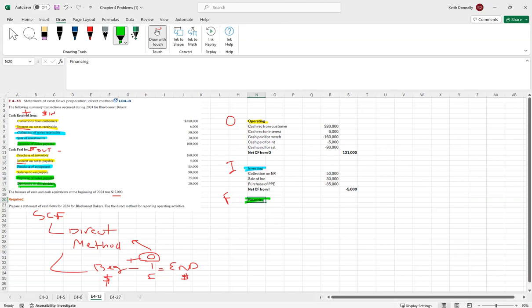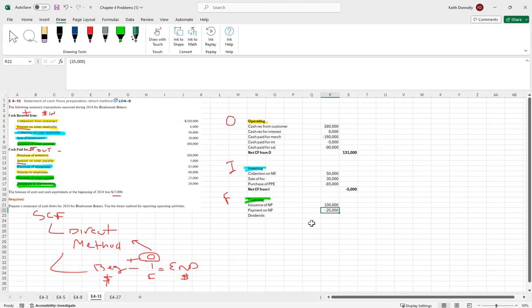Dividends to the shareholders. So with this, we'll have the issuance of the note payable, payment on the note payable, dividends that we paid. So we issued a note payable, we got an inflow there of 100 grand.